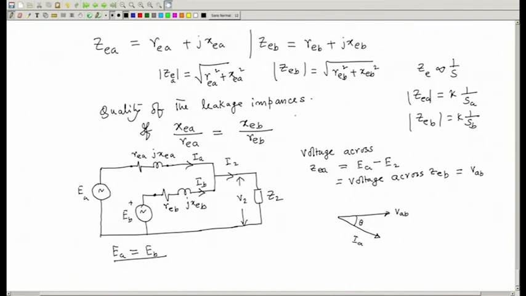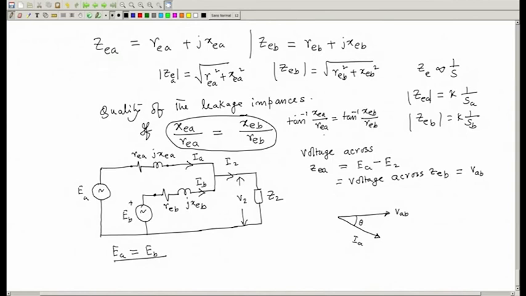In this case, I am defining theta as tan inverse XEA by REA, that is the power factor angle of the leakage impedances, which will be the same as tan inverse XEB by REB.